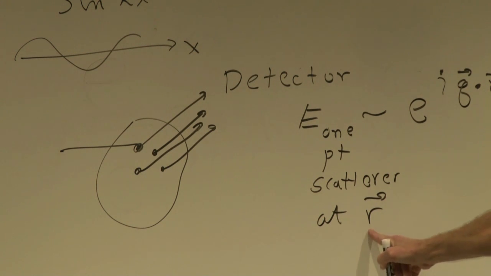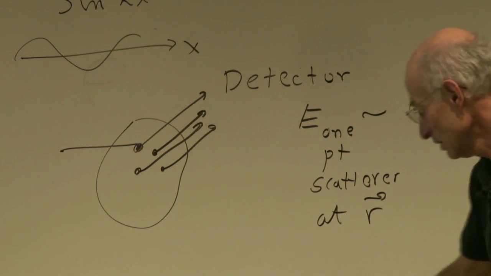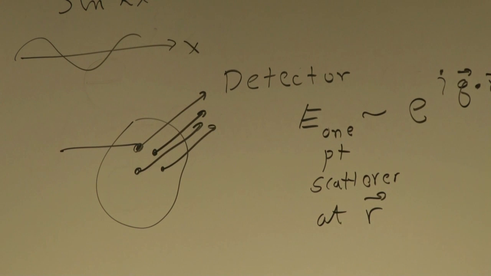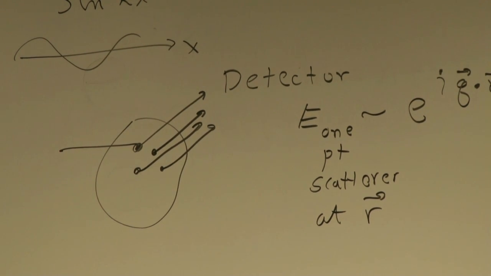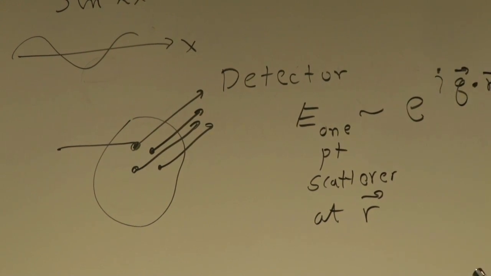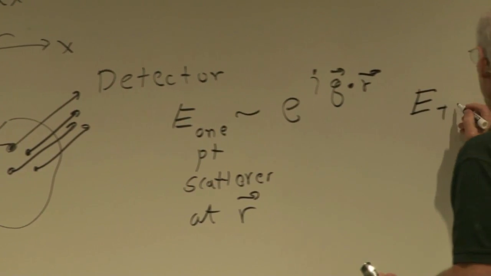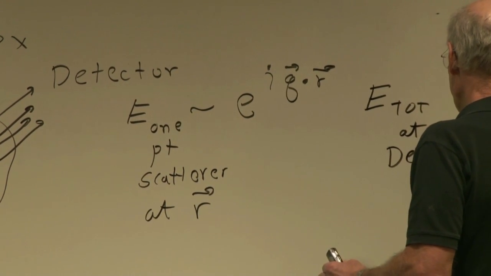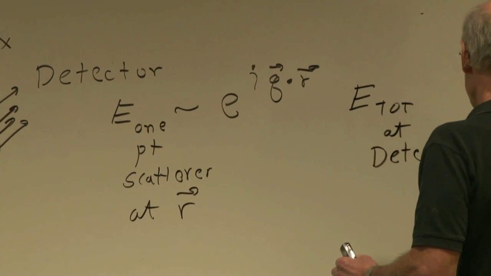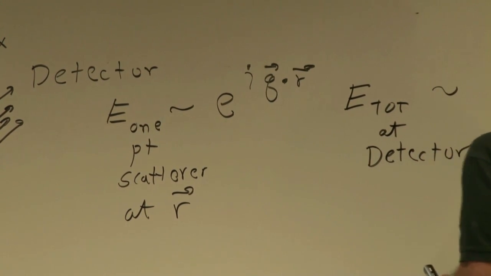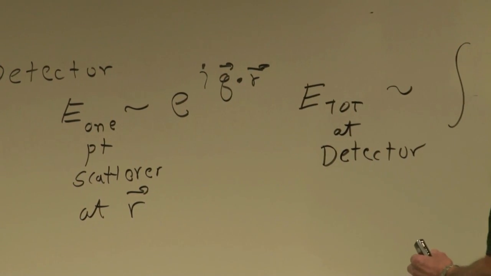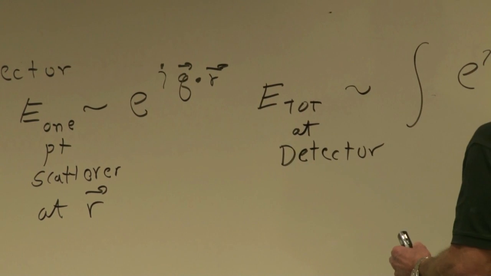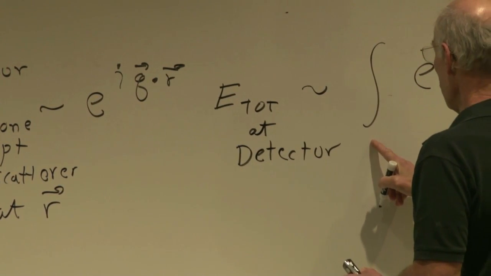They were at different r's. Can you see it coming? So I'm going to add all these up. E total at the detector is to add all these up over the volume of the particle.